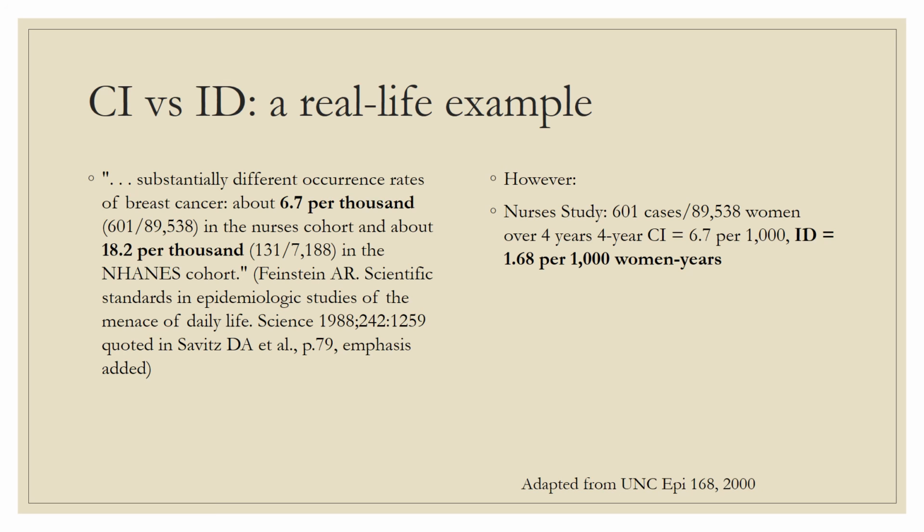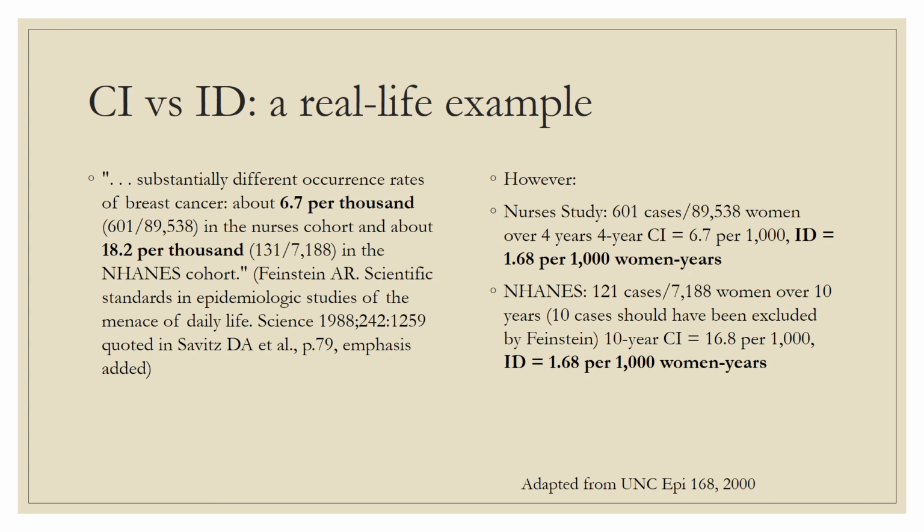Just know that the incidence density calculation, once they accounted for the 4 years of follow-up for all almost 90,000 women, comes out to 1.68 per 1,000 women years. So that means that if one woman was followed for 2 years and another was followed for 4 years, that was accounted for.